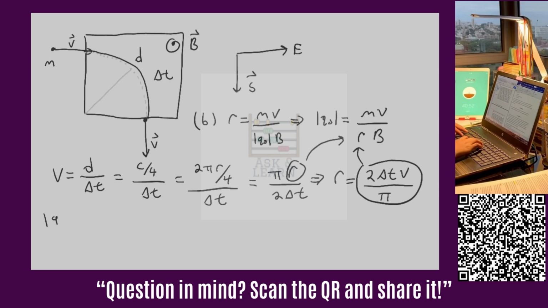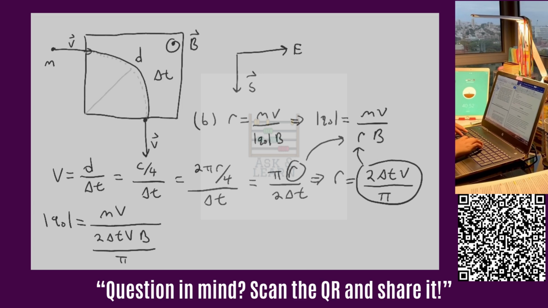What is the magnitude of the charge of the particle? It's going to be given by m times v divided by the quantity 2 delta t times v times b, all divided by pi. That comes from plugging the expression 2 delta t v over pi in for r.